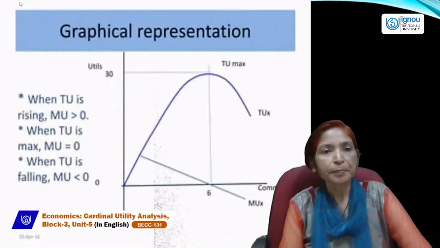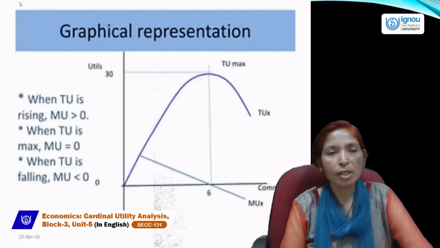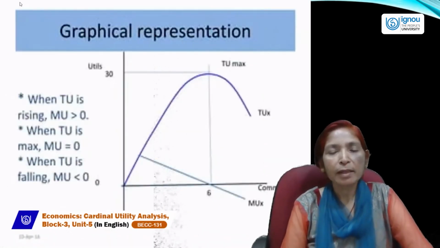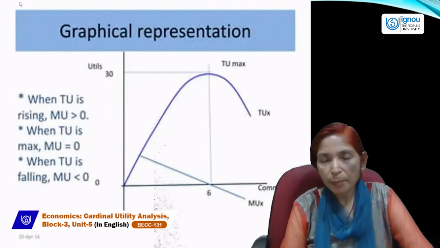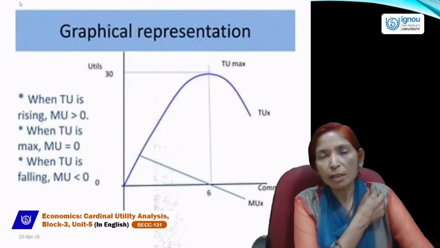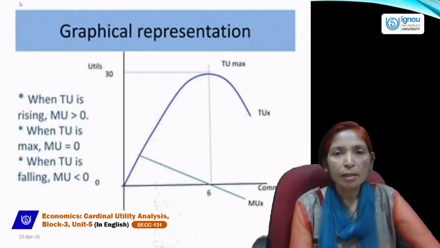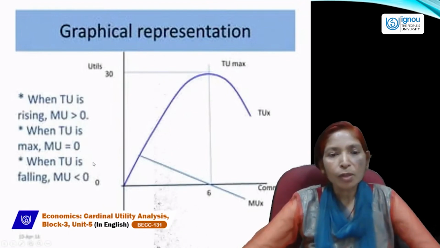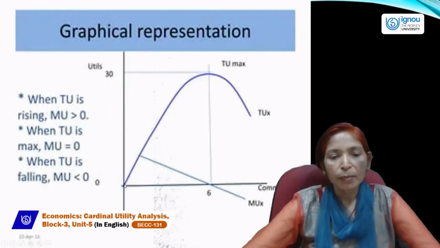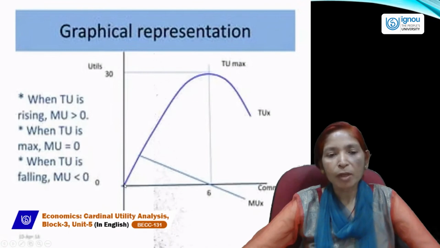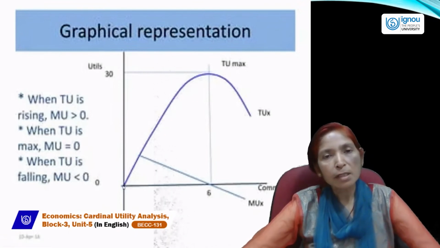Now next is graphical representation. We can graphically represent this relationship of total utility and marginal utility. Here, the total utility curve starts from the origin. This curve starts from the origin because if we are not consuming any commodity, then our total utility will be 0.